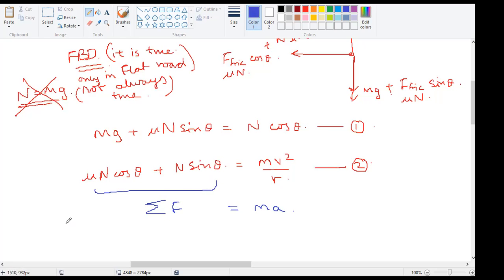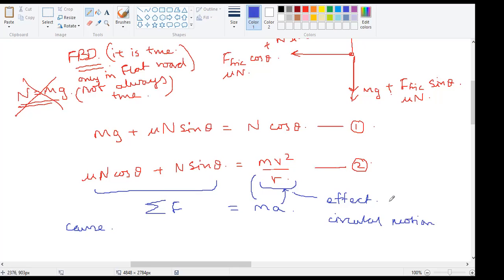And I told you this is the cause and this is the effect. But here, instead of linear acceleration, you have rotational acceleration, and that's why there is a circular motion. In place of m, you have m. In place of a, you have v squared by r.